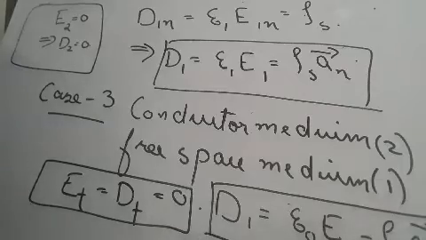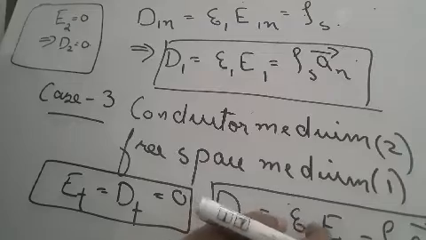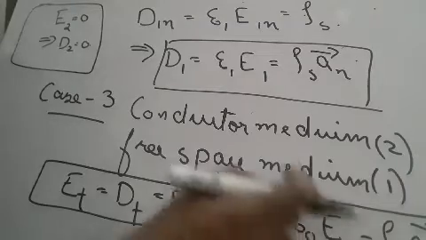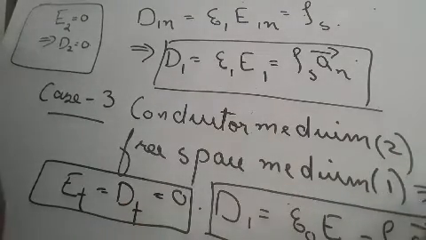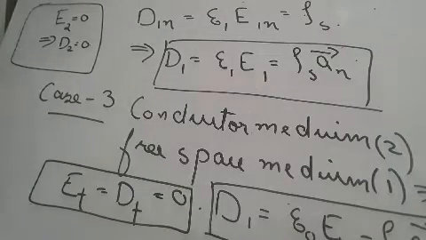The only difference between case 2 and case 3 is that here epsilon naught, for free space epsilon R is equal to 1.